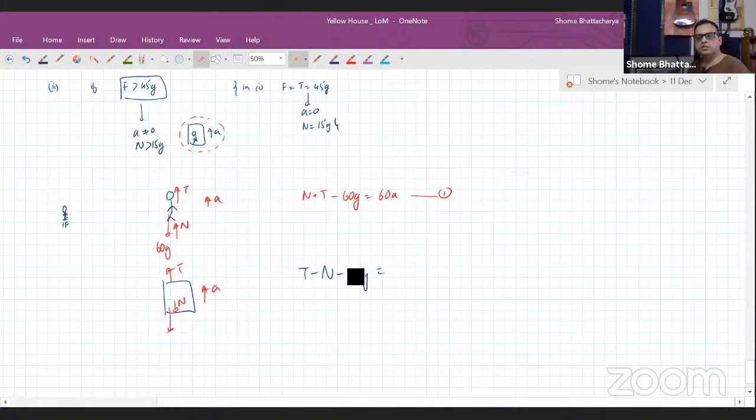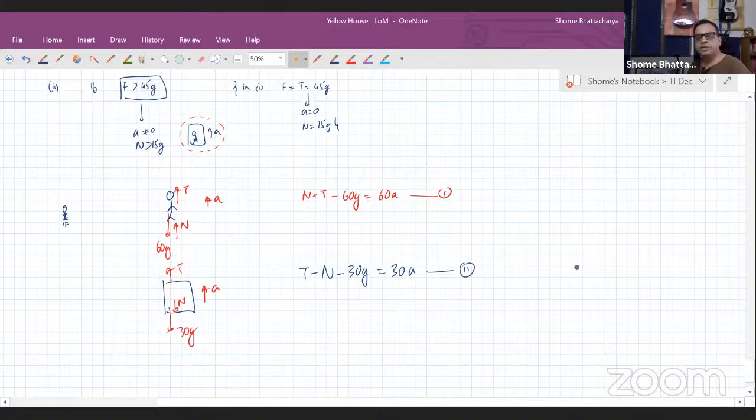My mistake. Mass of the box was 30 kg. So this is equal to 30 A. This is our second equation.